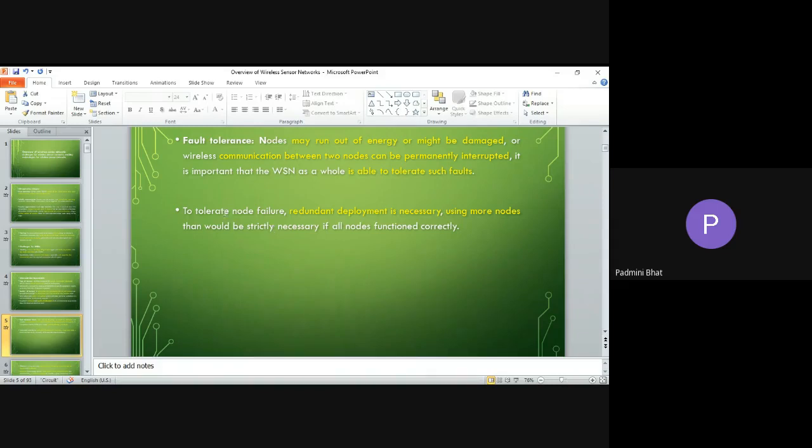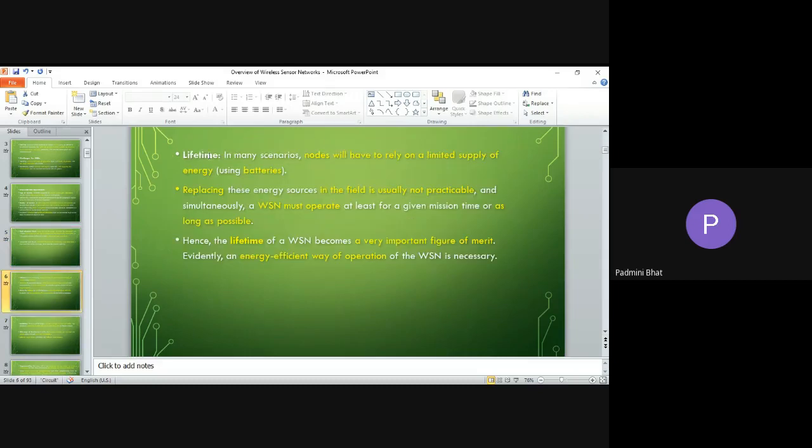One is kept as a standby. Whenever any failure occurs, then that node will come into the picture. So your system will survive. So that is possible.